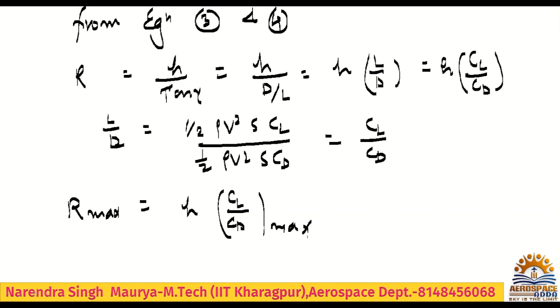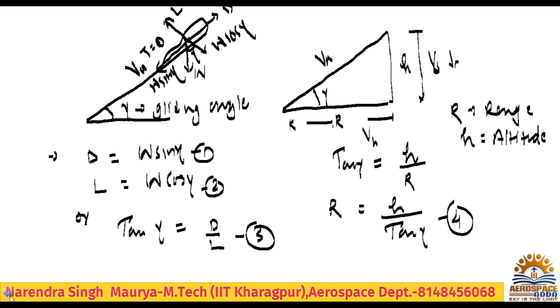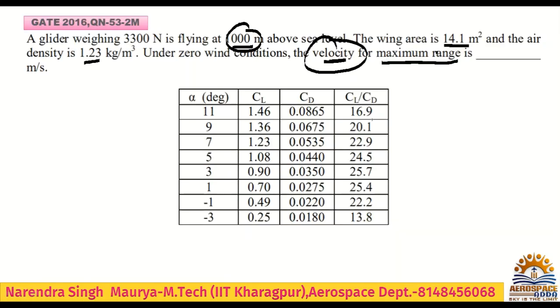Yes or no? Check CL by CD max from the table. What is the CL by CD max in the table? Check this data. 25.4, 25.7, this is the maximum CL by CD.